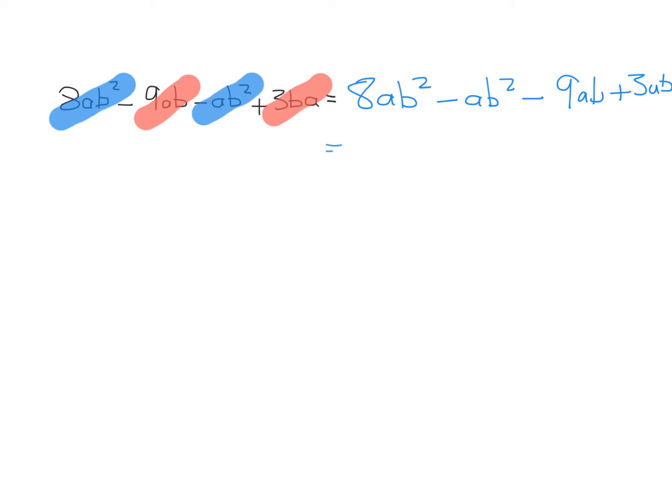So this becomes 7ab squared, and then negative 9ab, add 3. Negative 9 add 3 becomes a negative 6, and it is ab, and that will be our answer. Alright, that's the end of simplifying algebraic expressions.